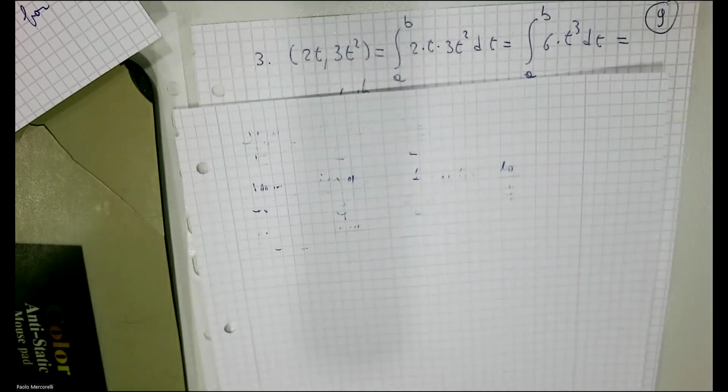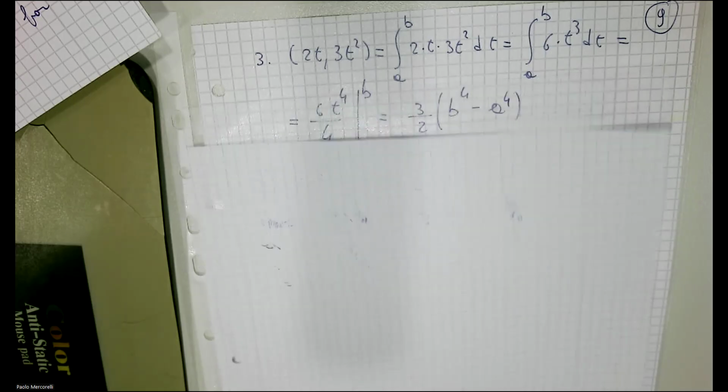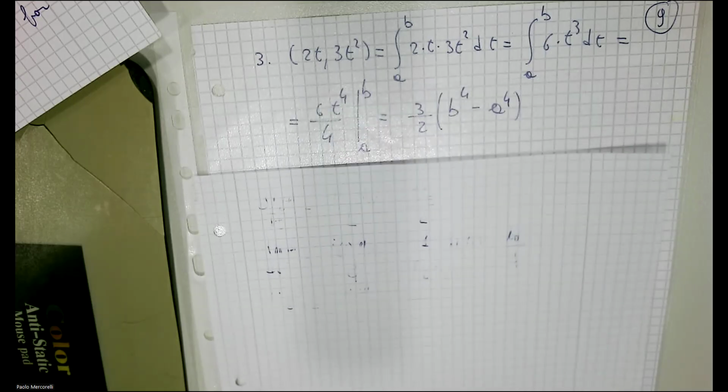Try to think about this example. The same definition. We have 6 times t up to 3, integral between a and b.